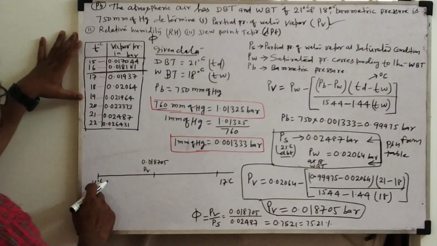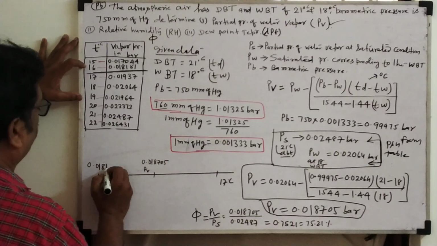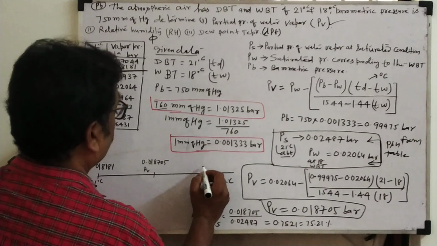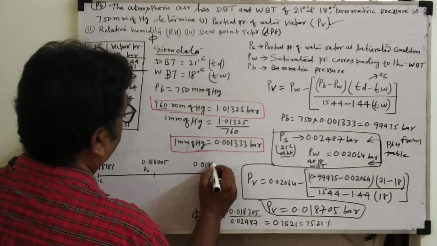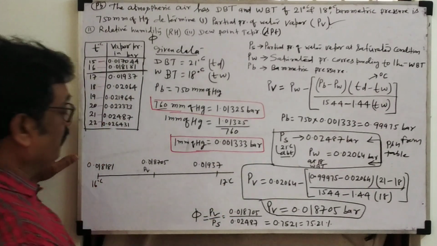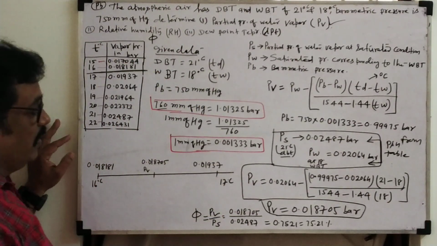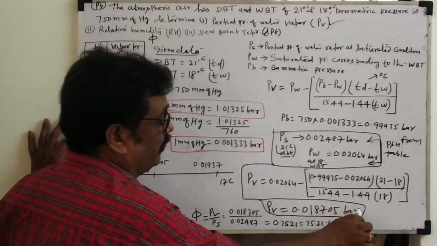Now, what is the 16 degree value? 0.018181. What is the 17 degree value? 0.01937. Now look again. To find the dew point temperature, we calculate based on the partial pressure of water vapor.